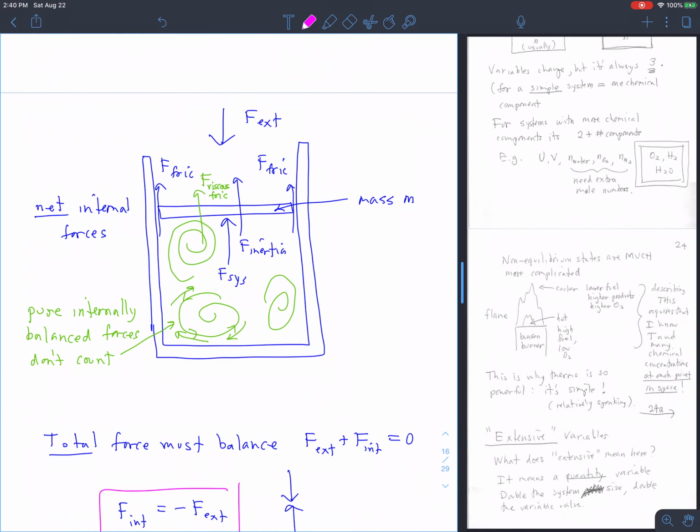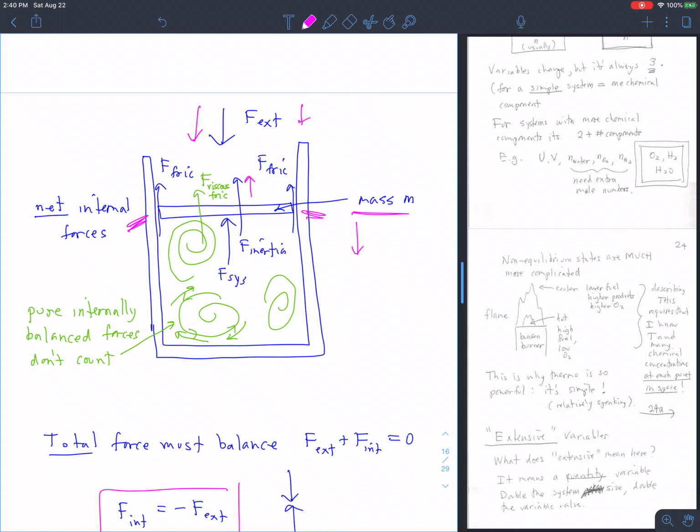There's all kinds of things going on. The external force is pushing down on the piston, let's say. It has a certain mass. As the piston starts to accelerate due to the external force, there's a back force, the force of inertia. Every kind of mass resists being accelerated a little bit. And there may also be friction against the walls.